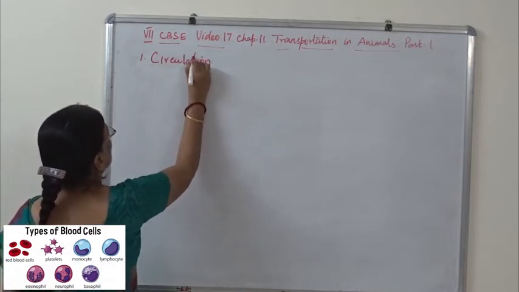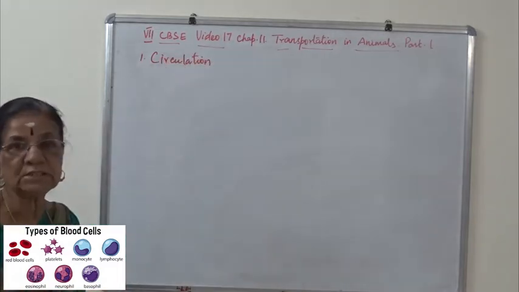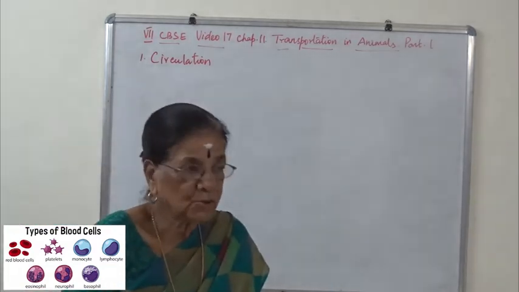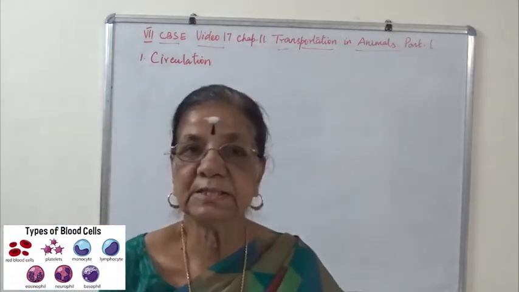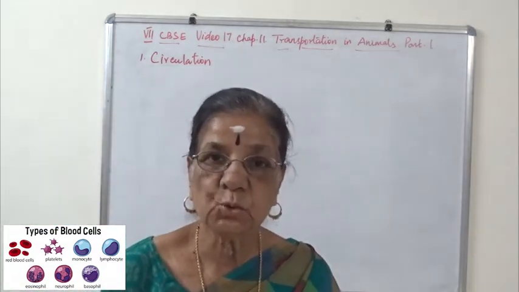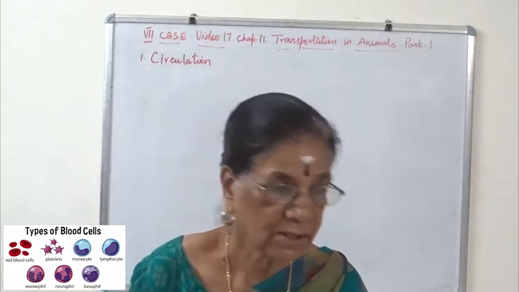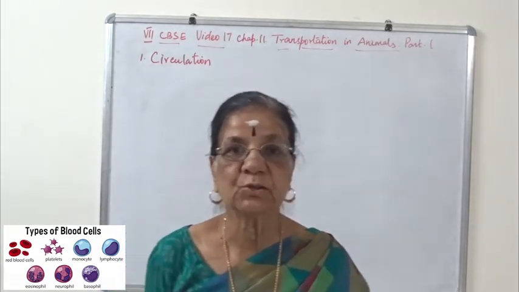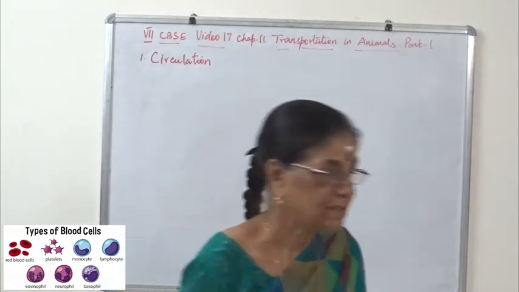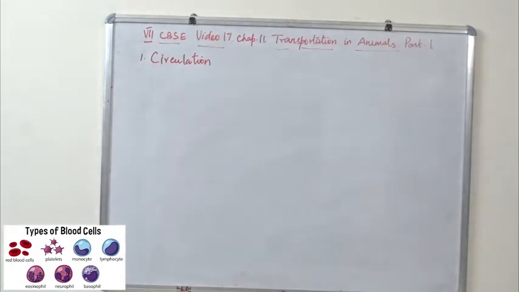It is circulation. Circulation of what? Circulation of all these materials through the blood. So that is blood circulation. Otherwise we say the blood circulates.